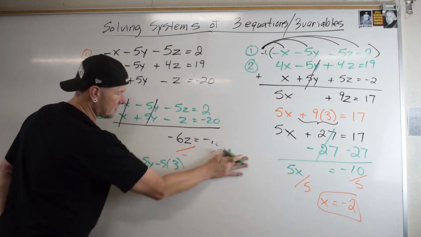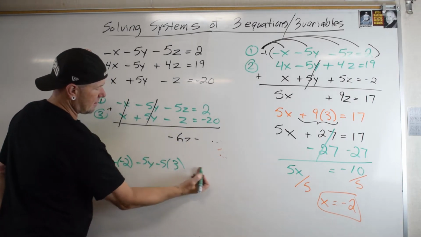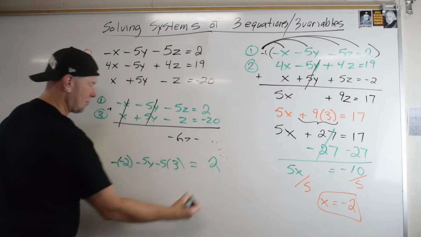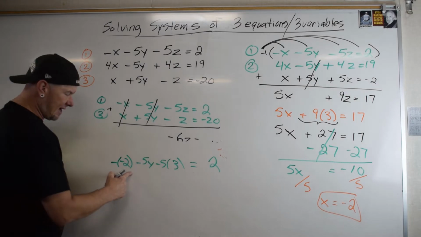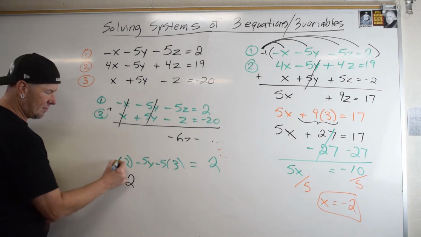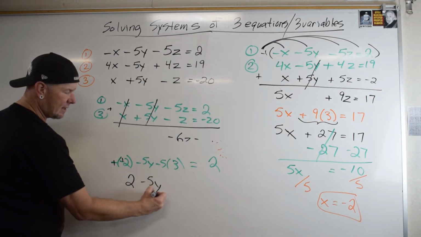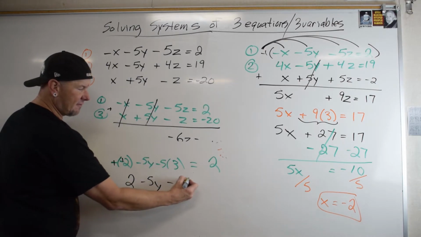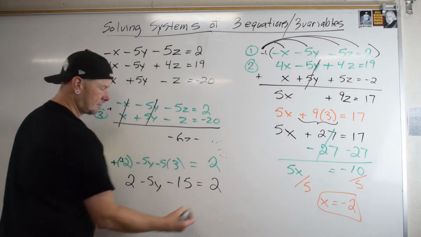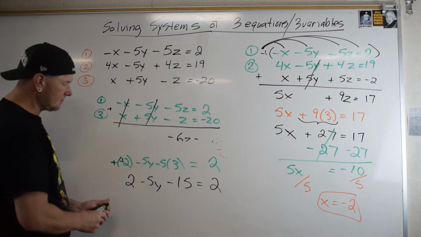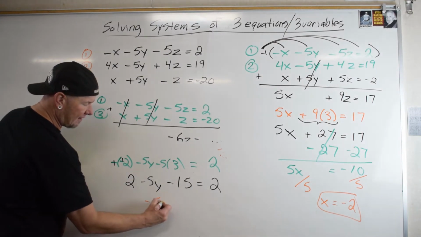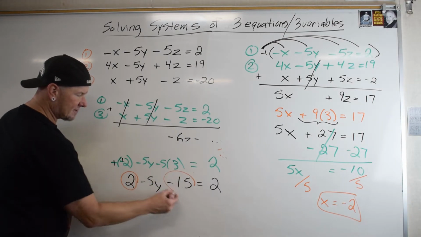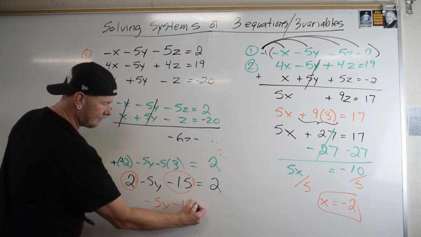I'm going to erase that for space here. Equals 2. See, the negative of negative 2 would be positive 2, minus 5y. Negative 5 times 3 is negative 15, equals 2. If I combine like terms here, negative 5y, 2 minus 15 is negative 13.